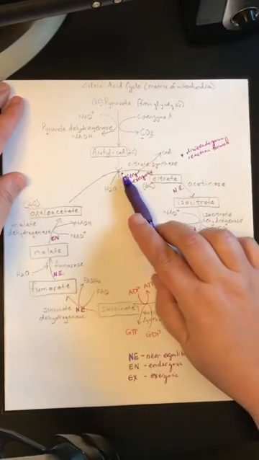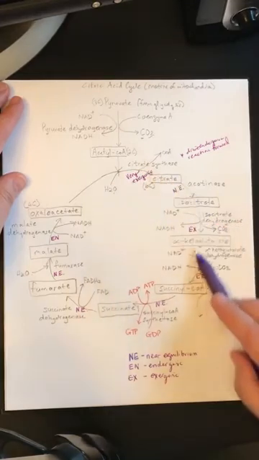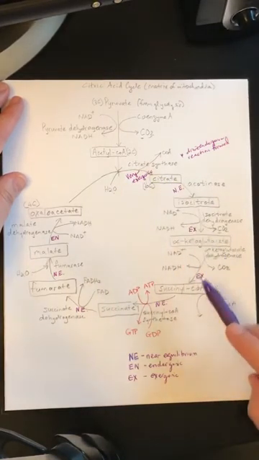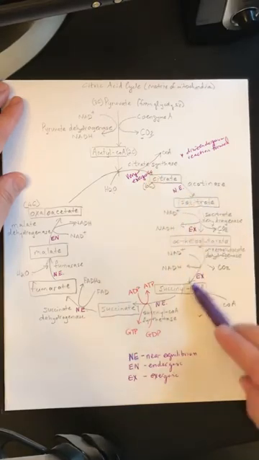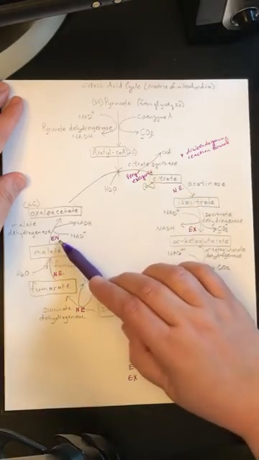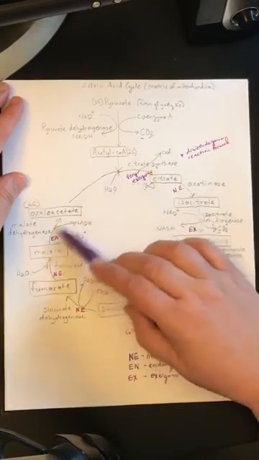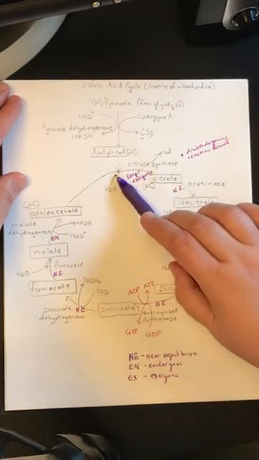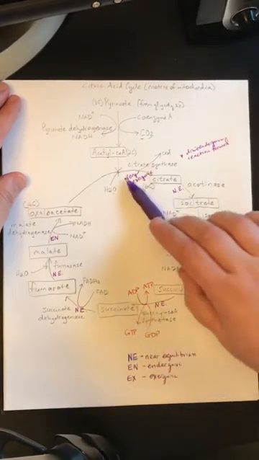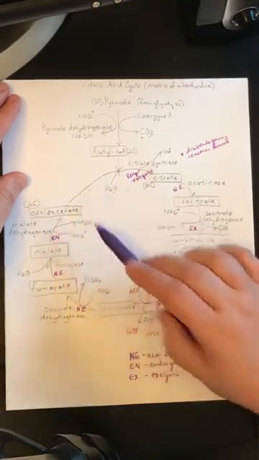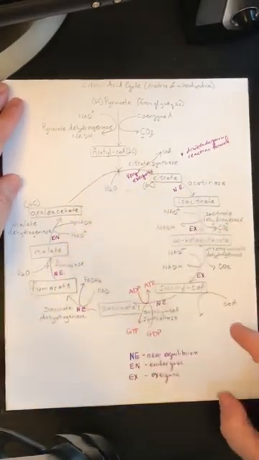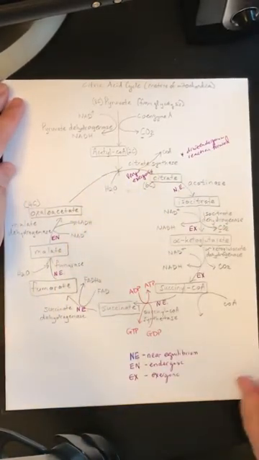But if you release a lot of energy on this side of the cycle, where we had very exergonic reactions, the energy released here can be used in this endergonic reaction to push this one forward to form citrate again. So it's like a wheel that spins really fast here at the start, and then it spins so fast that it pushes the momentum over here so that the oxaloacetate will form a citrate molecule.